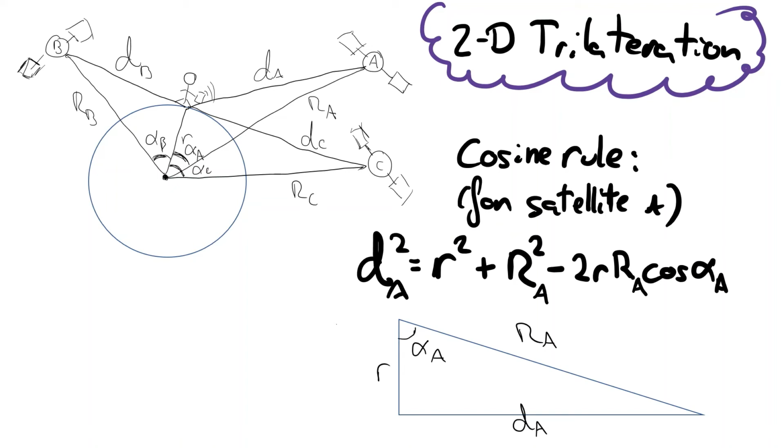So we need to catch the signal of a third satellite C, from which we would be able to compute d sub C, giving us a single intersection of the 3 circles and thus finding our location unequivocally.